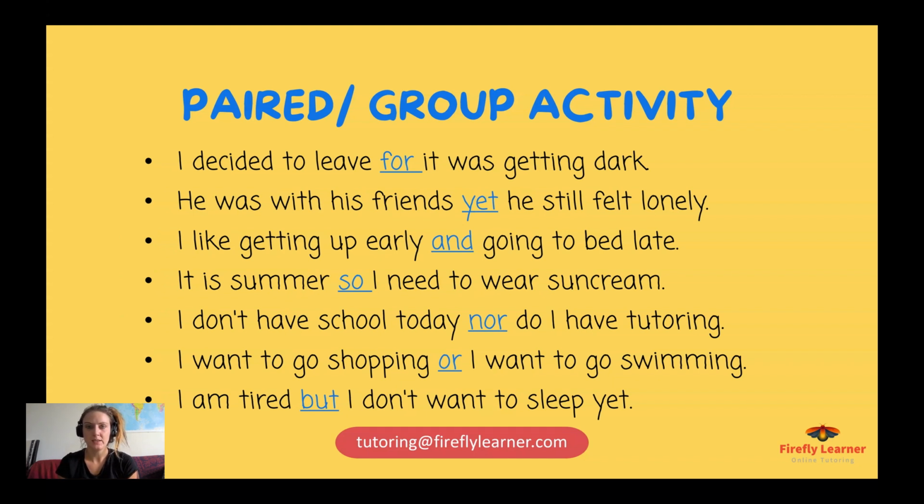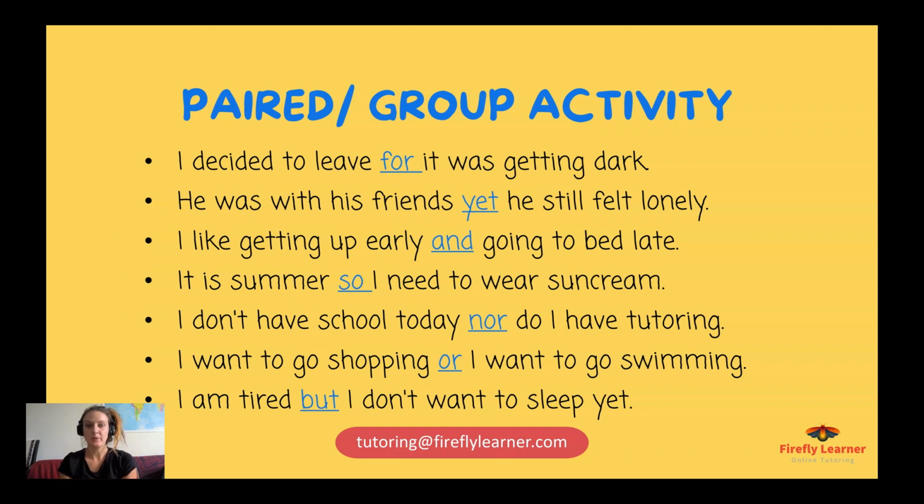I like getting up early and going to bed late. It is summer, so I need to wear sun cream. So, it is summer is one clause, I need to wear sun cream. So is the conjunction that joins those clauses together. I don't have school today, nor do I have tutoring. Nor is like a negative or.